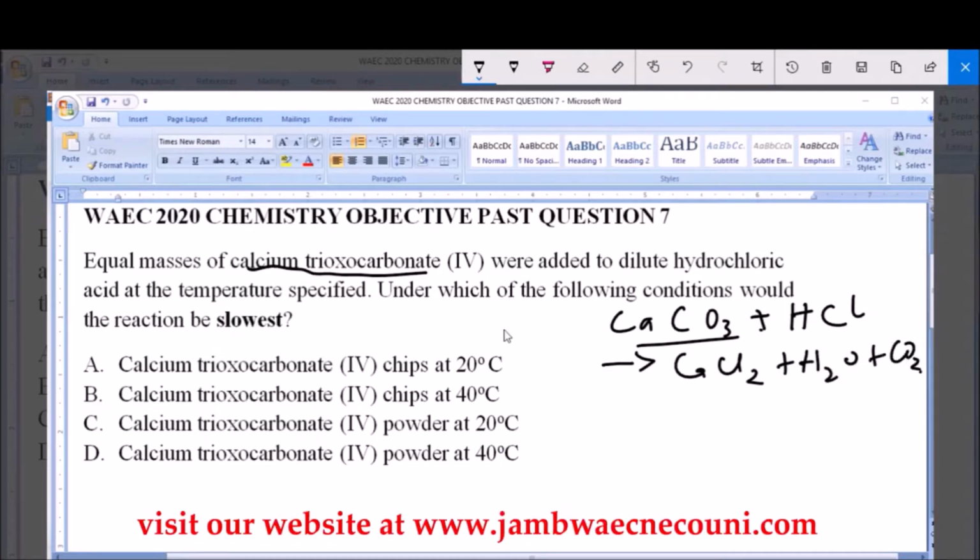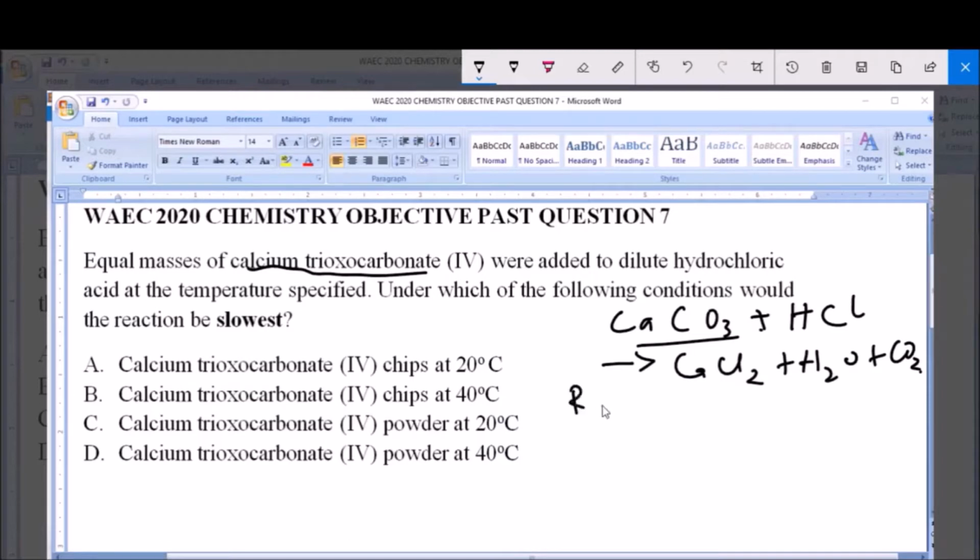Now, this reaction has a certain rate, as with other chemical reactions. It has a rate or a speed at which the reaction takes place. However, there are some things you can do in order to increase the rate of the reaction, to make the reaction faster.